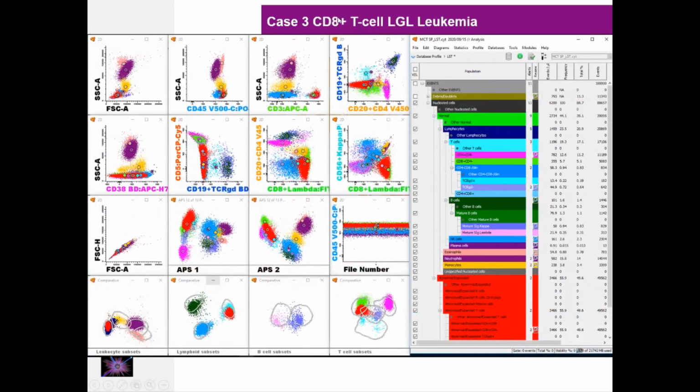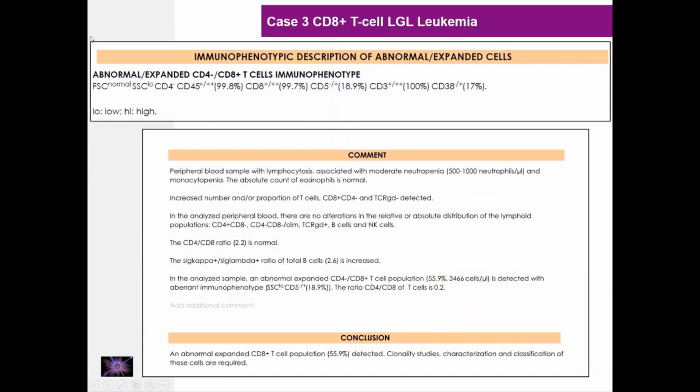And this was a case of CD8 positive T cell large granular lymphocyte leukemia, which is the counterpart of the first case that was a CD4 positive T cell LGL leukemia. And if we move to the report, it will tell us that they have a low side scatter, they are CD4 negative, CD8 positive, and only 18.9% express CD5, and they have a very small expression of CD38.